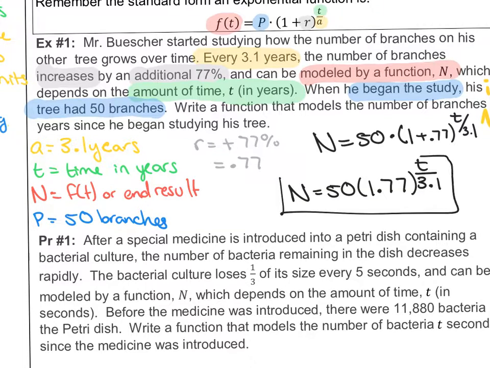Okay, and so that's our answer. This function models, it completes what we want, right? It models the number of branches in years since he began studying his tree. So in t years, we can find out how many branches. In 4 years, we could plug in 4 here, divided by the 3.1, take 1.77 to that number, multiply by 50, and we now have our total number of branches.